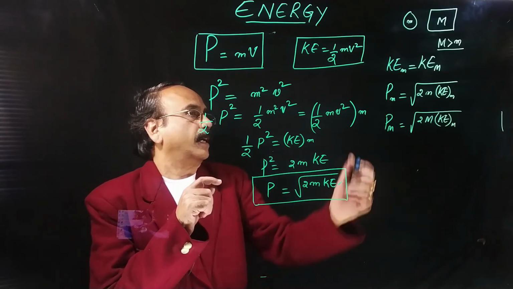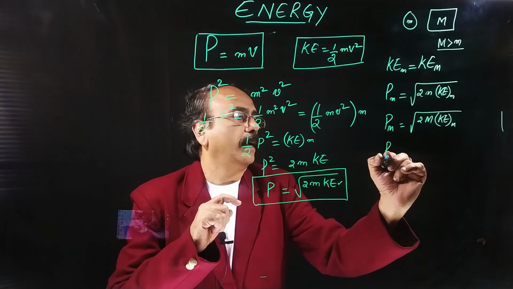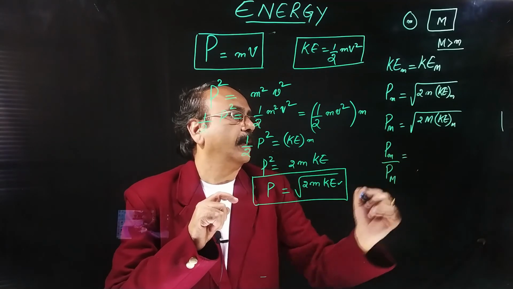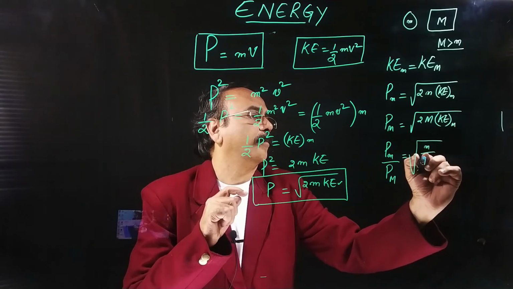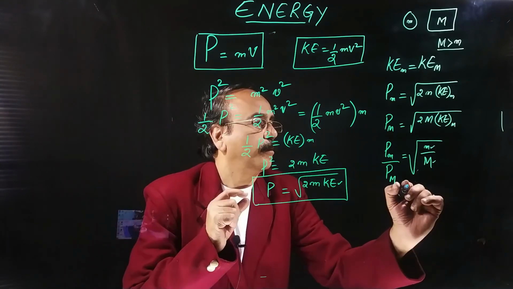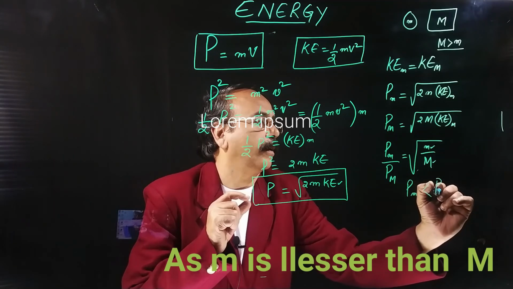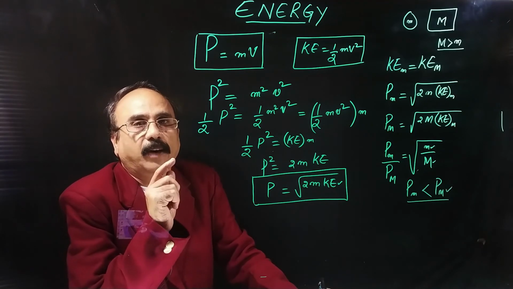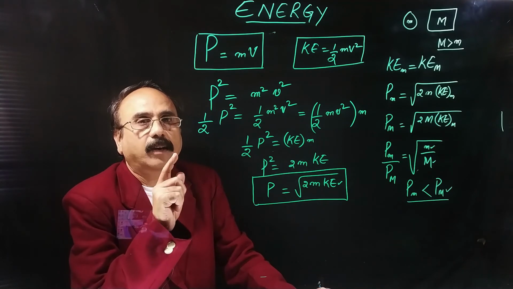But in this question, this KE is the same. So when we divide P of small mass by P of capital mass, it will be equal to root over small m by capital M. So this is an obvious result. P of smaller mass is smaller than P of heavier mass. So if kinetic energy is the same, then P of lighter is smaller than P of heavier.